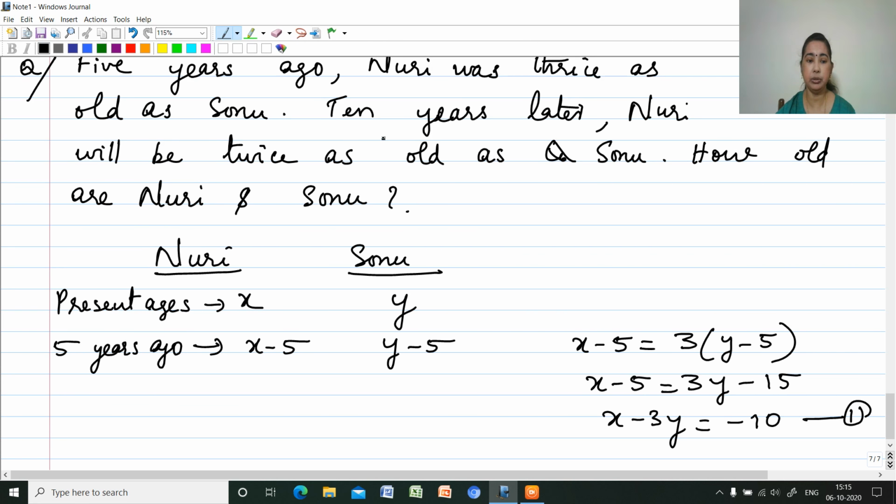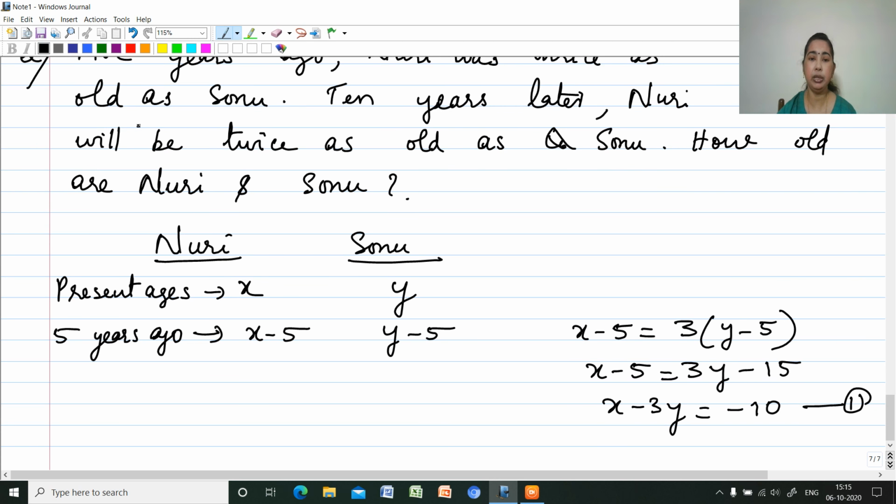Now how can you find the second equation? 10 years later, Noori will be twice as old as Sonu. So after 10 years, x becomes x plus 10 and y becomes y plus 10. During that time, Noori will be twice as old as Sonu.